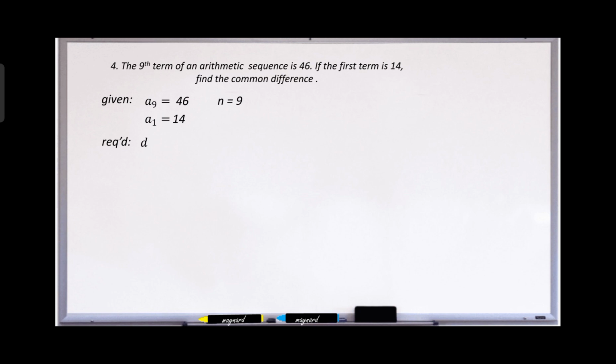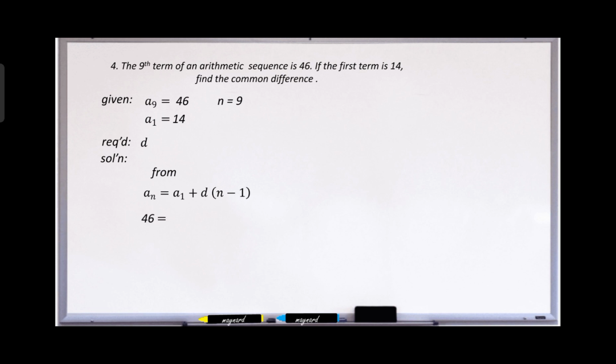Okay, so let us solve for this. We will be using the same formula kasi specified naman na ang problem natin is an arithmetic sequence. So, we can use the formula a sub n is equal to a sub 1 plus d times the quantity of n minus 1. Na kung makikita nyo dun sa ating mga given na common difference lang yung wala dyan.